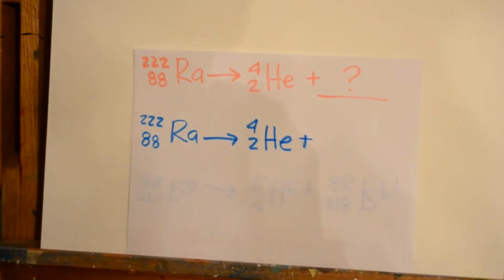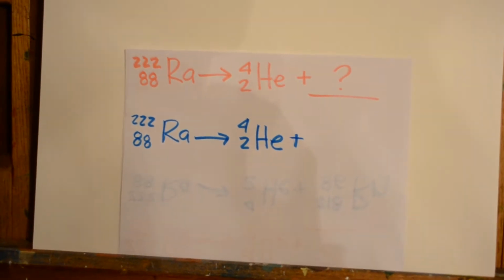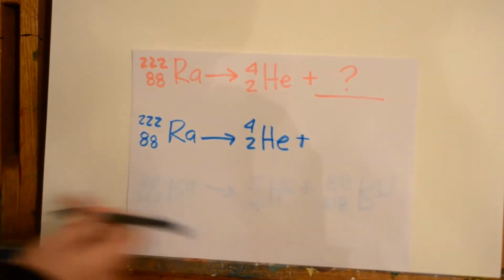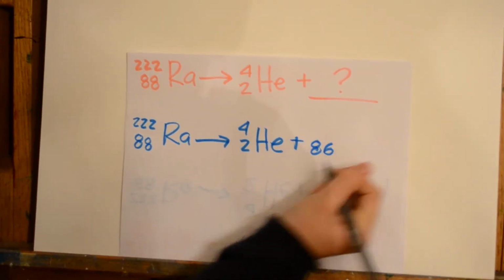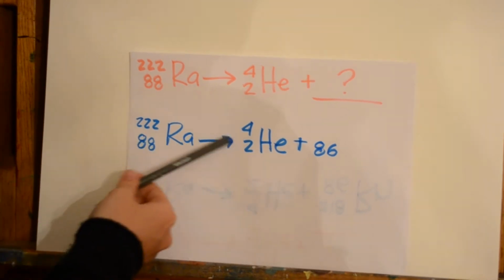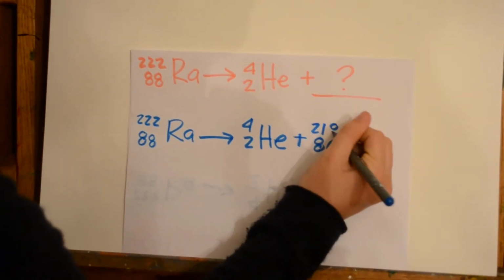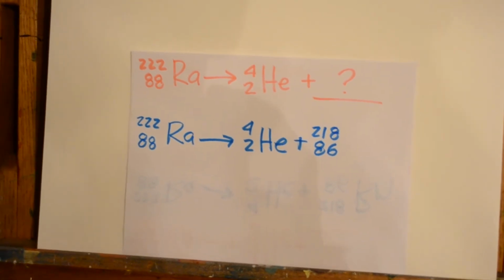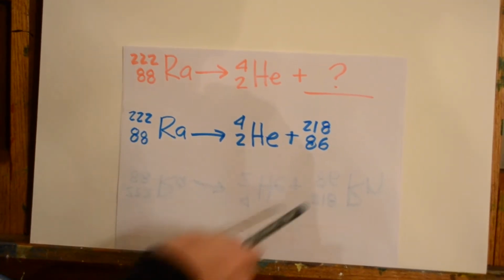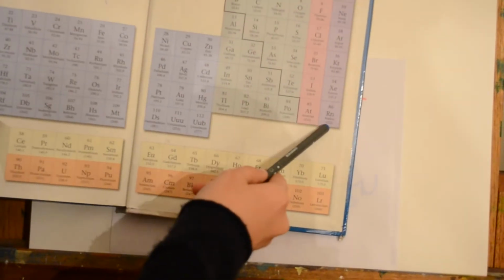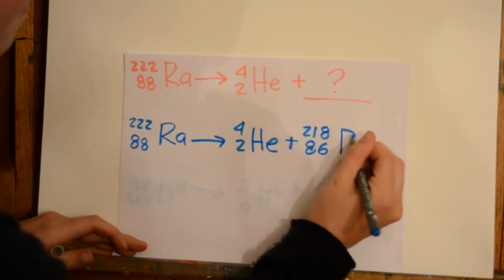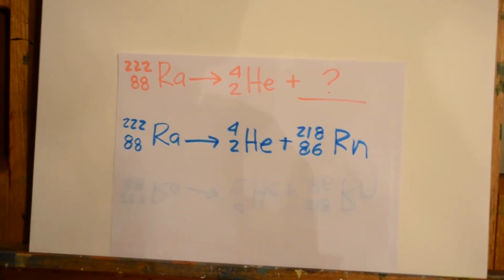And to find that something else, we use algebra, and we do 88 minus 2, which is 86, and then 222 minus 4, which is 218. To find the element, we go to the periodic table, and we find atomic number 86, and we find that it is Rn. So then we write Rn here, and that is the balanced nuclear equation.